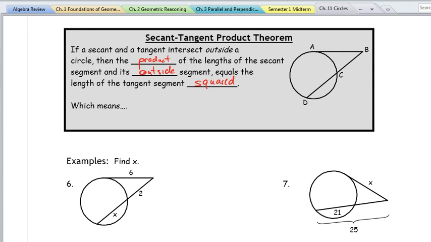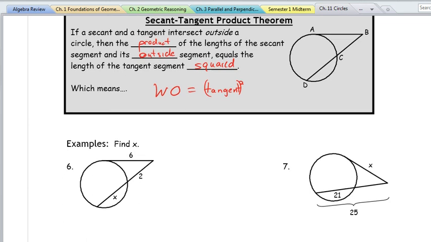So this one, what that's saying is WO equals the tangent squared. Okay, so whole times outside equals tangent squared. So we're going to get some practice with this.